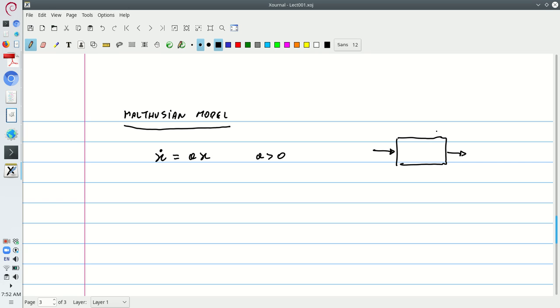So it's a bit like having no goals, because we don't know what kind of behavior we'd like to modify. Well, the case of the Malthusian model at least is a little special in the sense that, sure, it makes sense to observe the population, so y is equal to x, but the population is not controlled, at least in this model, and so we have no input.